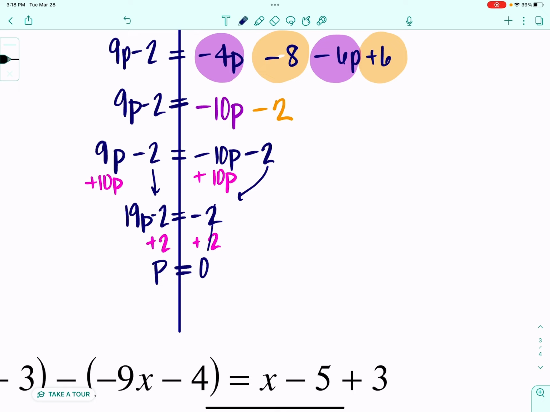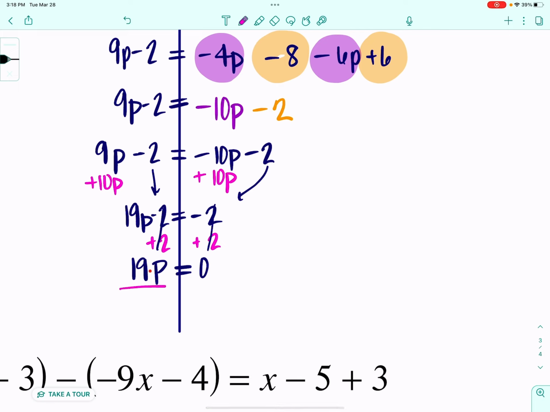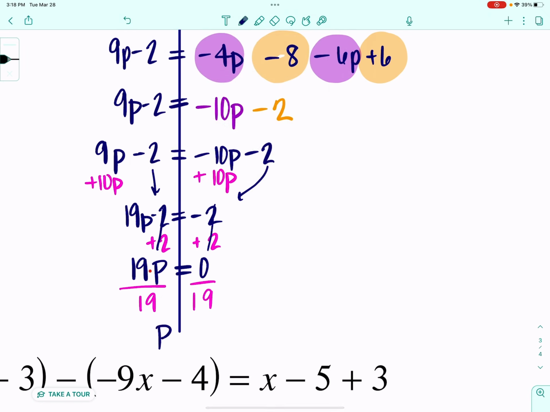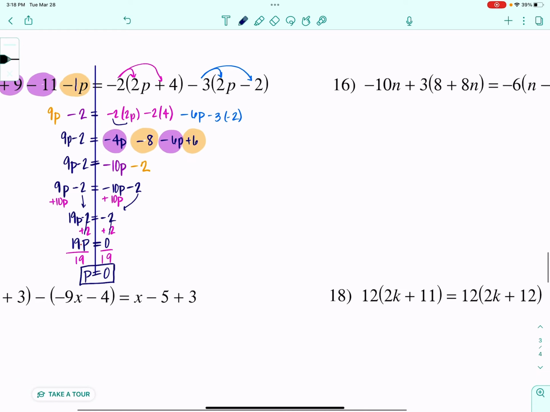So I still need my 19p because the only thing that happened was that the 2's canceled out on both sides. Now this is 19 times p. So I'm going to divide by 19 on both sides. That means that p is equal to 0, which is a little bit disappointing because you would hope that after all of that work, you get something a little more exciting than 0, but alas, 0 is all we've got to work with.